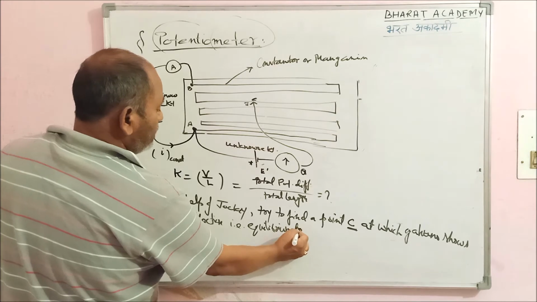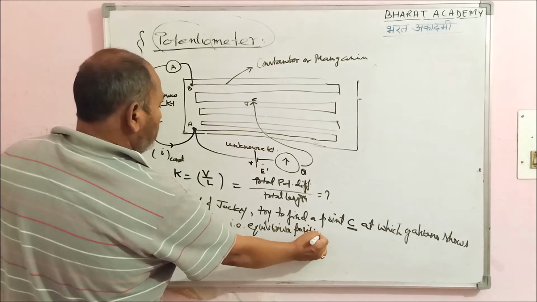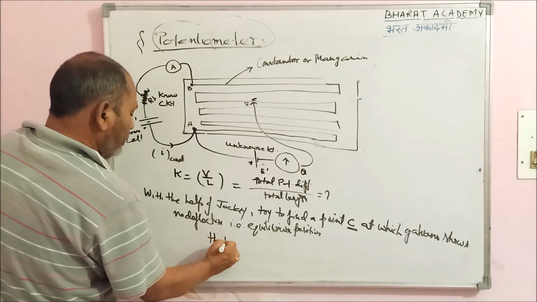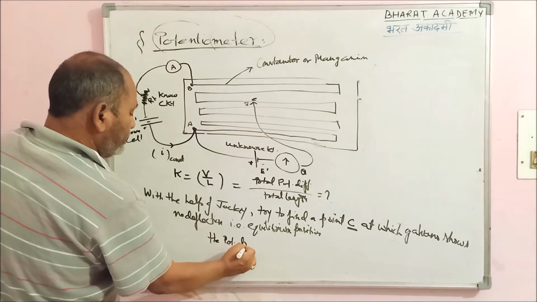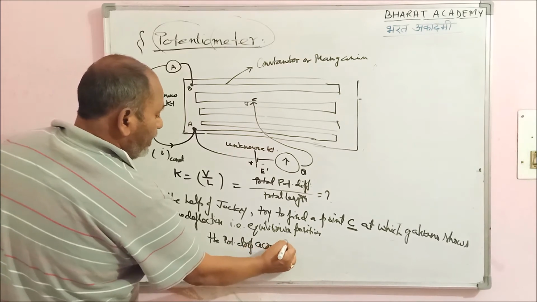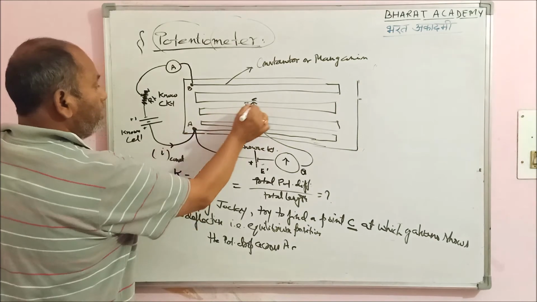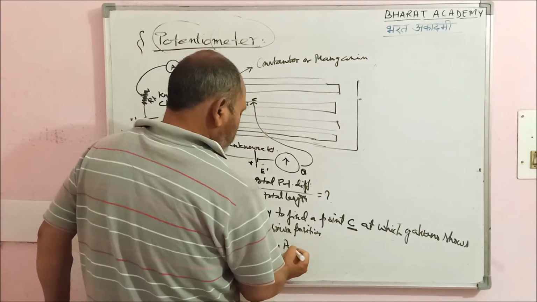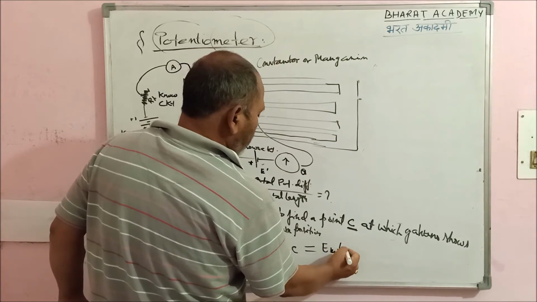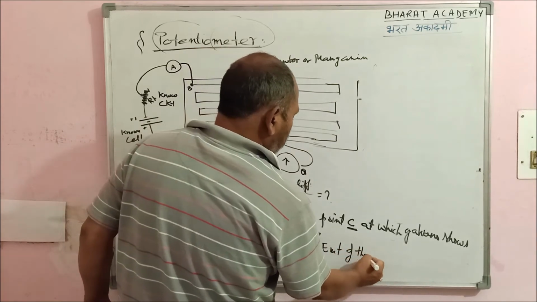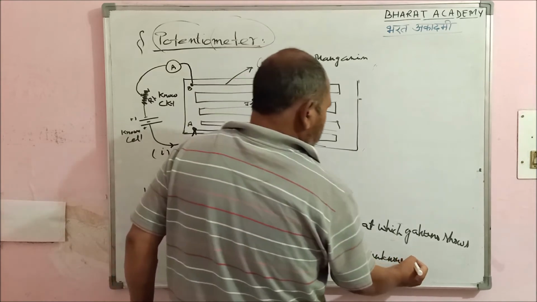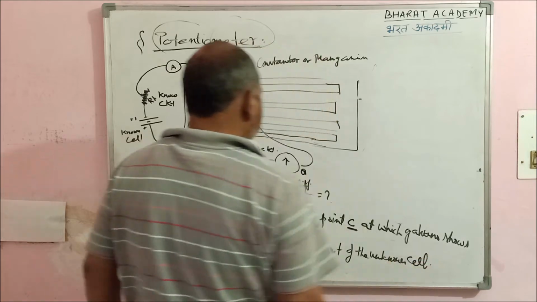What will happen in this position? In this position, the potential drop across AC, this point to this length, right, will be just equal to the EMF of the unknown cell, right?